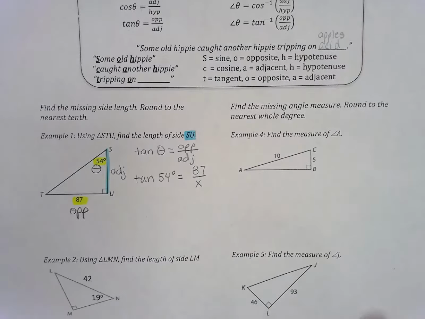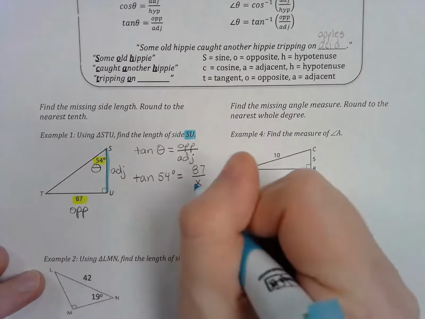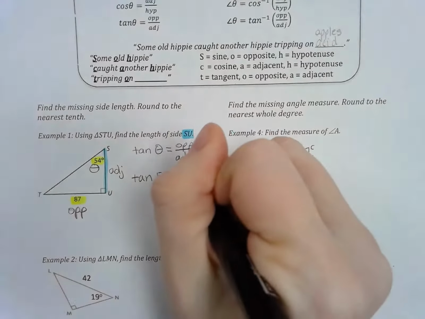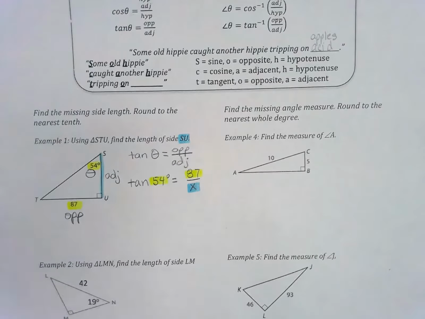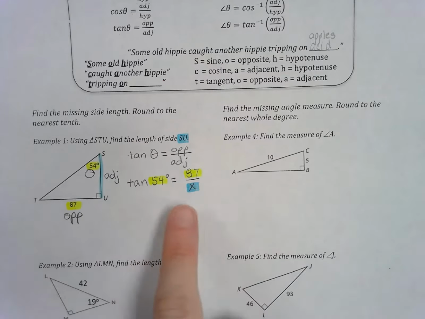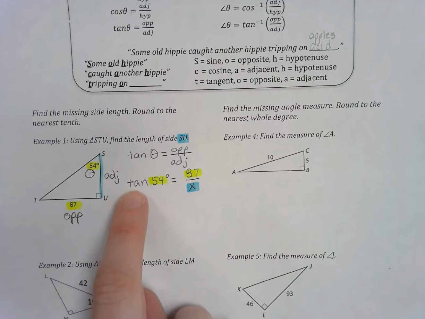You can use X, you can leave it as an A, you can come up with your favorite letter, whatever you want to solve for. So notice here, the pieces that we need to find are unknown, and the pieces that we know, the 87 and the 54 degrees, we pick the tangent based on those 3 things. What we know and what we need to find is how we knew to pick tangent.